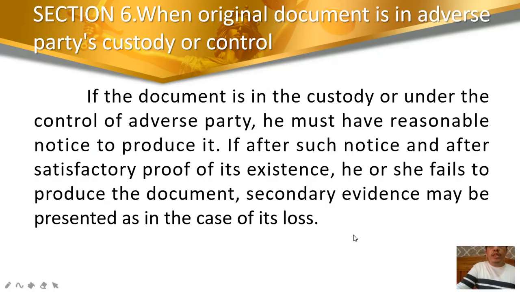Okay, so when the original document is in the adverse party's custody or control, what do you have to prove for you to be able to present a photocopy of such document? You have to prove that the adverse party has been given reasonable notice to produce it.